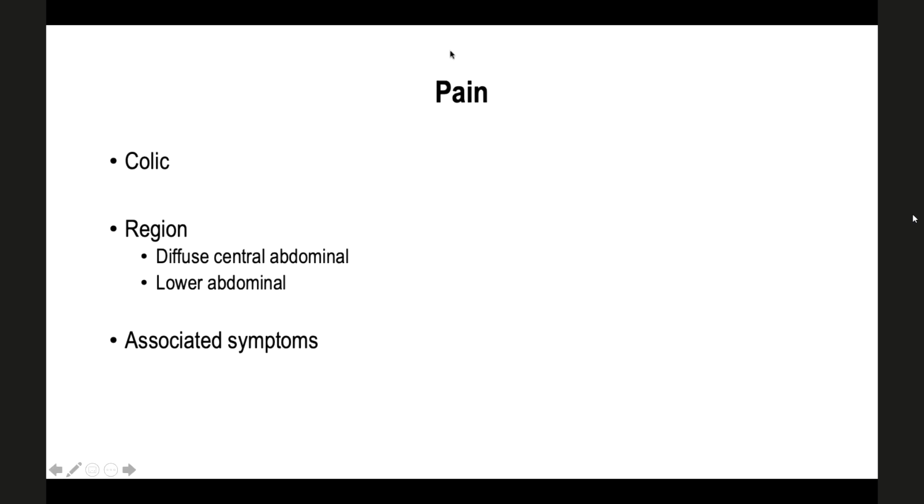So, what are the structures that give rise to this kind of colicky pain? Bowel. Very good. Anything else? What kind of a structure is bowel? Hollow structures.